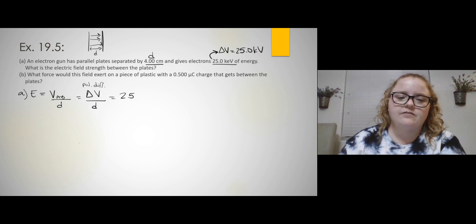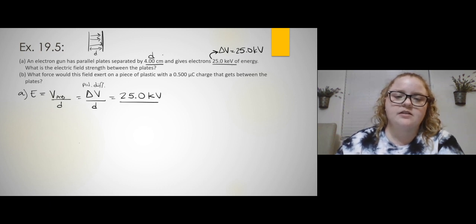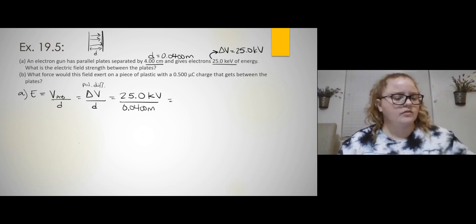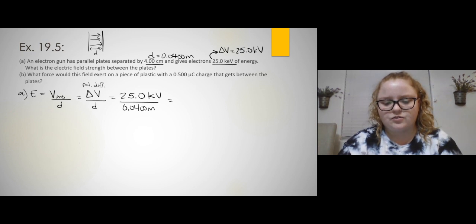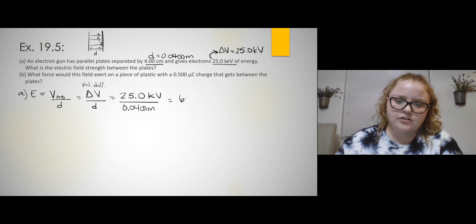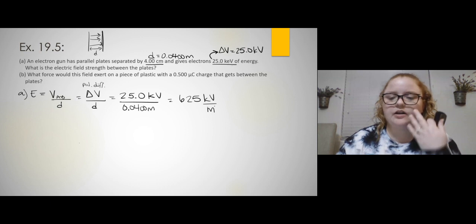Which is going to be 25.0 kilovolts divided by our distance, which is 0.04 meters. And what does that come out to? 25 divided by 0.04, we have 625, and this is in kilovolt per meter.